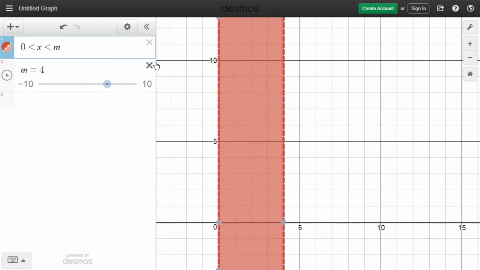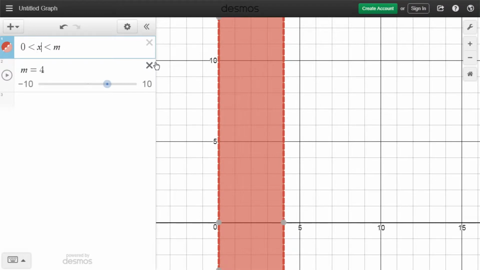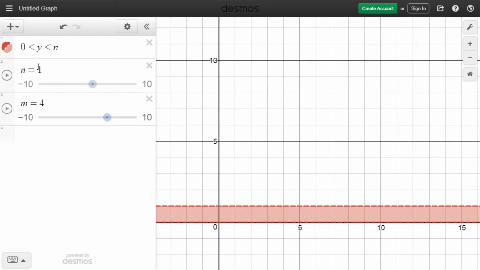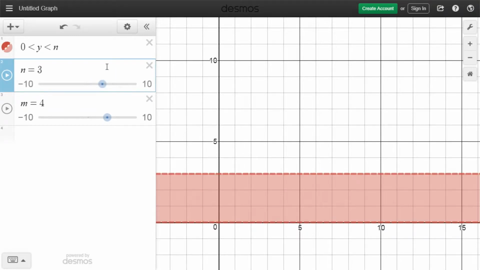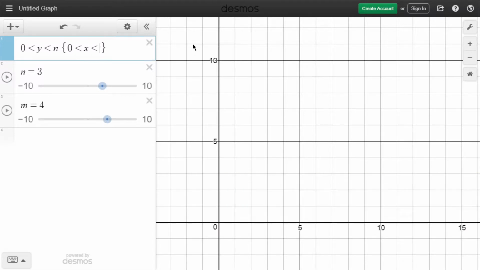Okay, but we want to restrict this. Oh, geez. How do we do that again? We want to restrict it. Is it like this that we restrict it? Or no, we would do the y's. Okay, I'm all mixed up here. And this one was 3. Great, so we'd do the y's, I think, and then we'd restrict it, so we'd do something like this.